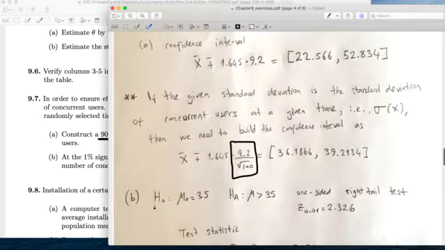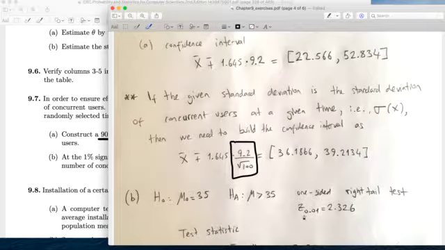So what we need to do is form our hypotheses. The null hypothesis is mu0 is equal to 35, and the alternative hypothesis is mu is greater than 35. We have a one-sided test with significance level alpha 0.01. We don't divide it by 2 because this is a one-sided test.